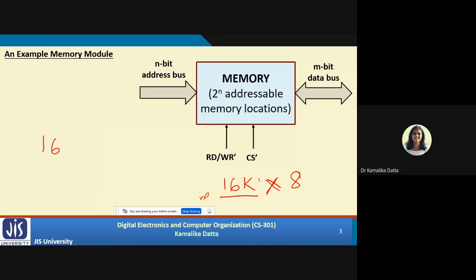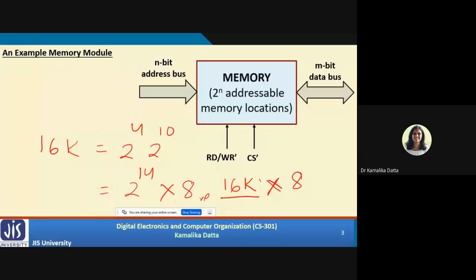It is 16K, so 2 to the power 14, 2 to the power 4 and 2 to the power 10. So this is 2 to the power 14 and this is 8, right? How many address lines will be required? 14 address lines, right? And how many data lines will be required? 8.